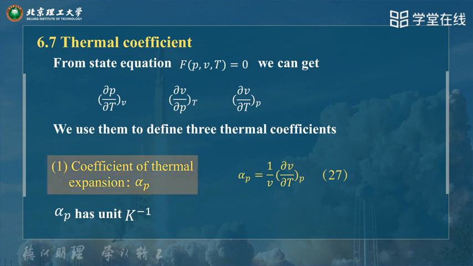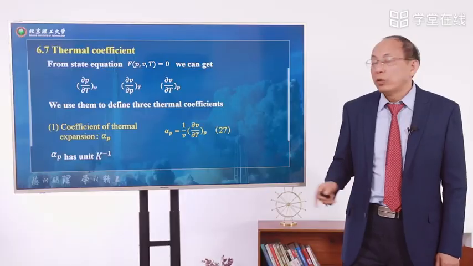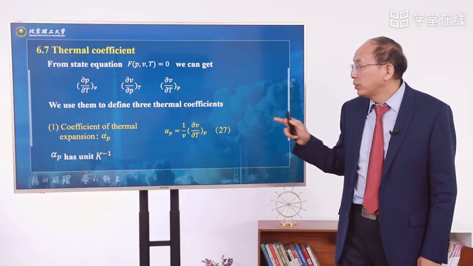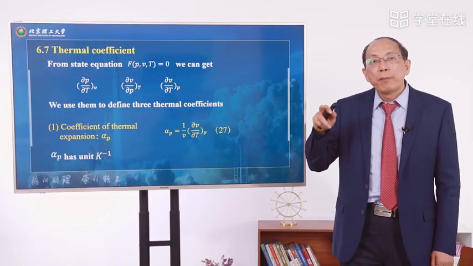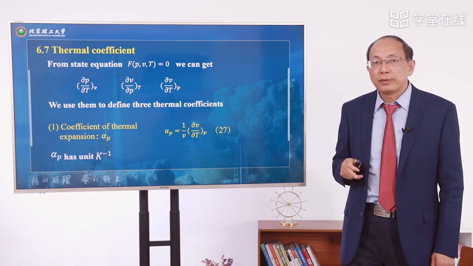The first is the coefficient of thermal expansion, alpha P. The definition is alpha P equals 1 over V times partial V over partial T, P constant. Equation 27. Alpha P has the unit Kelvin to the power minus 1.